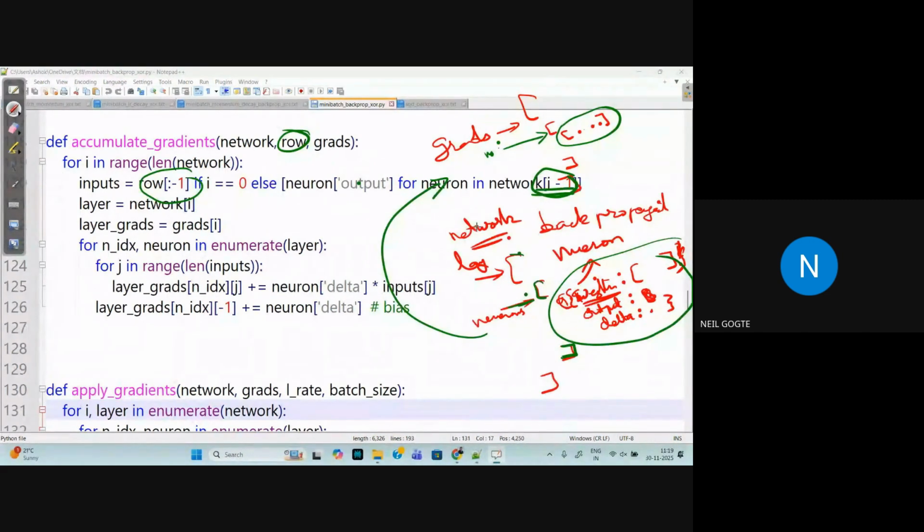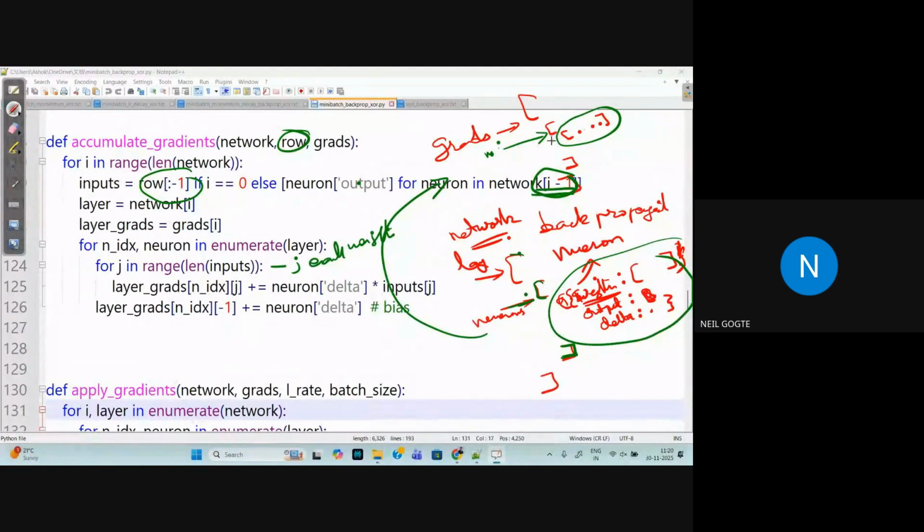We have to look at all the weights, because the number of weights in a neuron depends on the number of inputs connected to it. So for j in range length inputs, j refers to each weight associated with that neuron. So we go to every neuron and look at each weight in that neuron. Now using that combination as an index in the grads data structure.